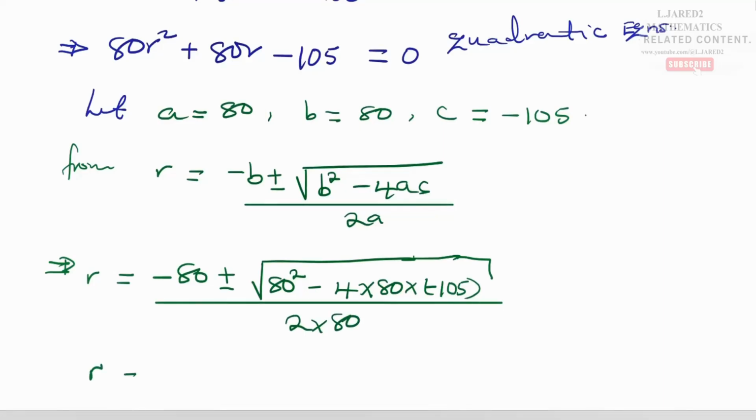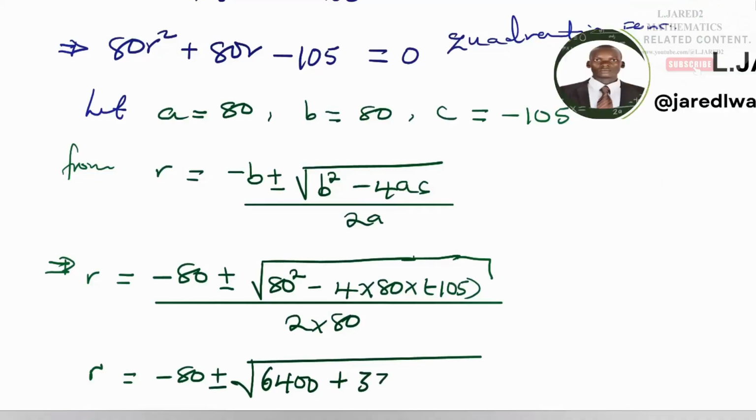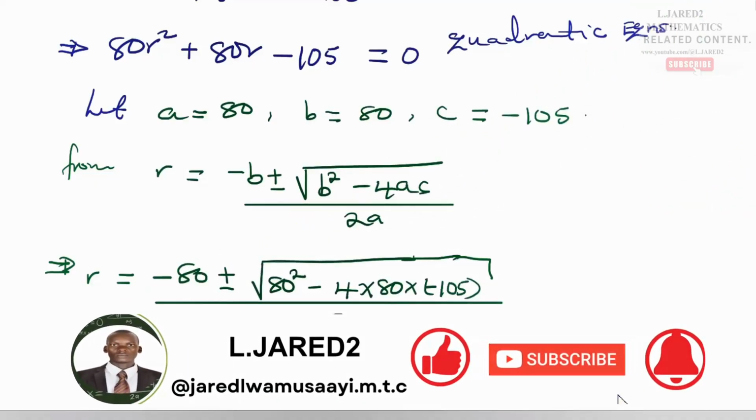So our R is coming to be equal to negative 80 plus or minus the square root of 80 squared, which is 6,400. Then this is going to be positive. Then we have 105 multiplied by 80, then still multiplied by 4, giving us 33,600, and the whole of it divided by 160.